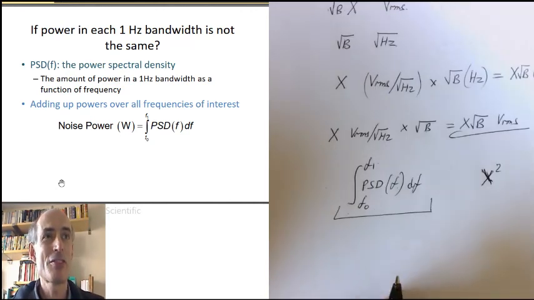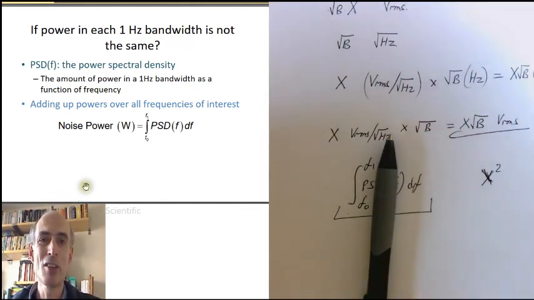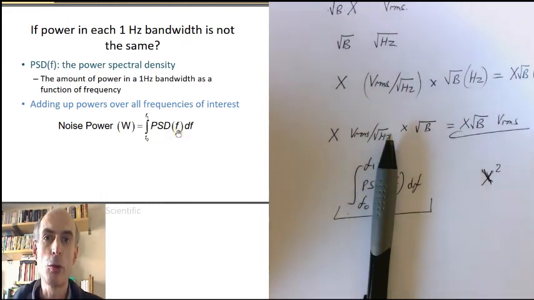And I can express that in terms of the total noise voltage, if I wanted that, just by noting that the power spectral density is the square of the noise voltage in RMS per root hertz. But now we're assuming that the noise voltage in RMS per root hertz is a function of frequency.